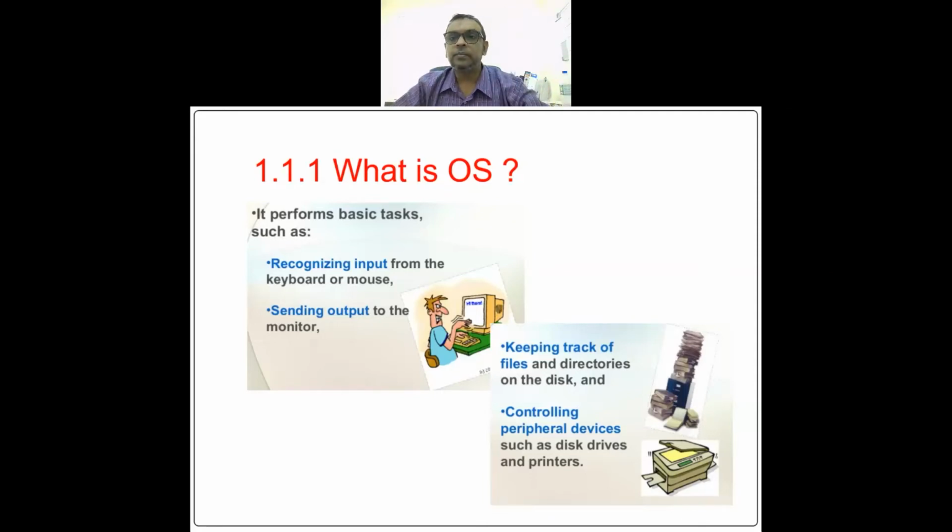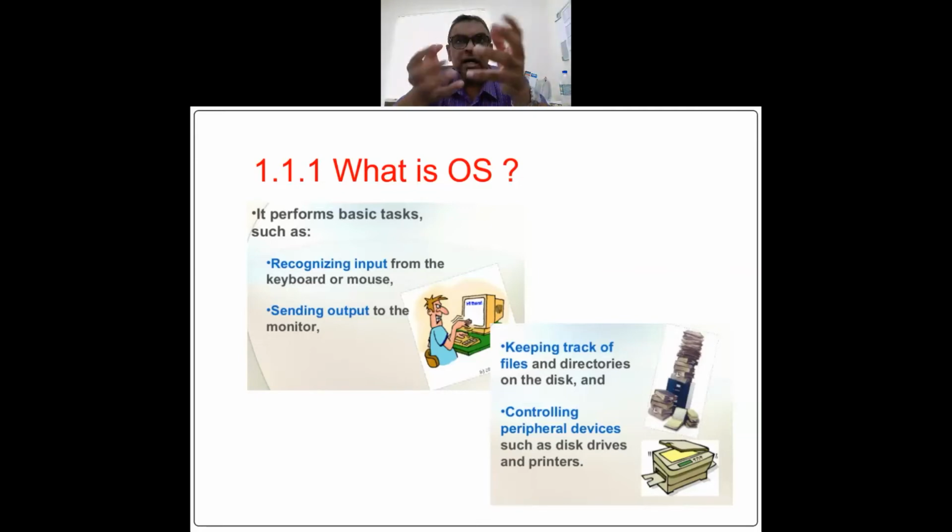Next, the operating system also will send out information, like how you're looking at your screen. Whatever the operating system has processed, it will display back on the screen. That's task number 2. Task number 3, the operating system will also keep track of all the directories and all the files.